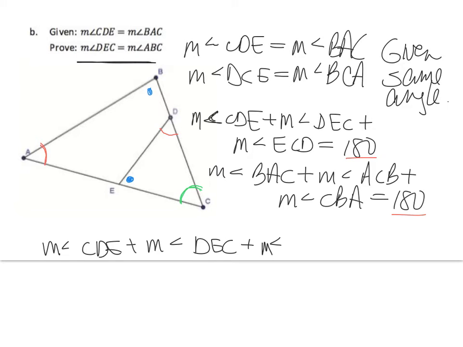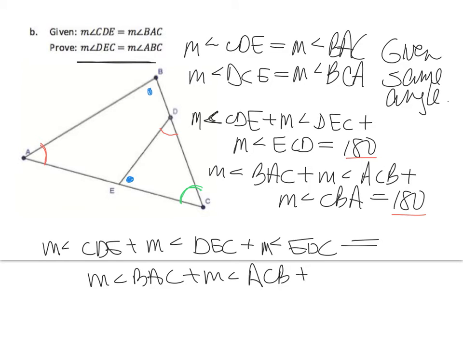Measure of angle EDC is equal to measure of angle BAC, measure of angle ACB, measure of angle, that's messy, okay, and that's just substitution property of equality.